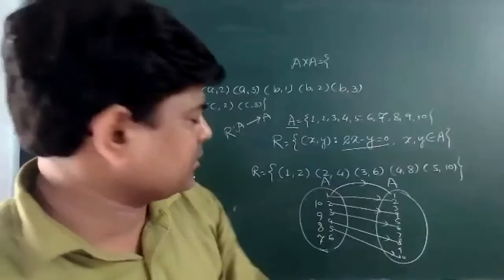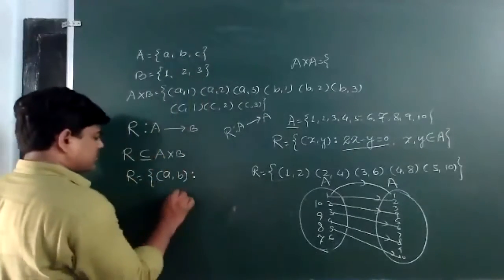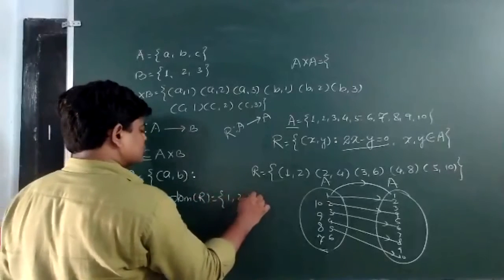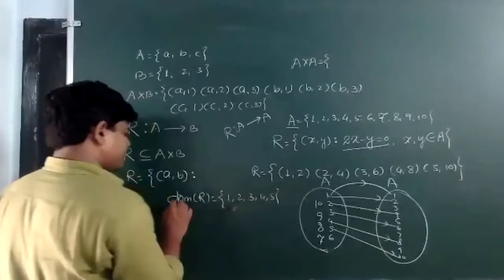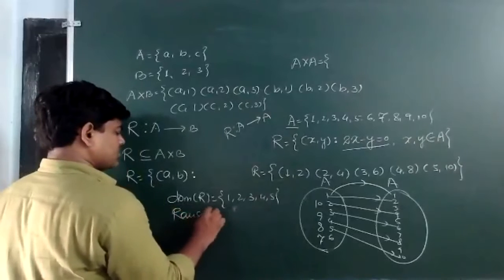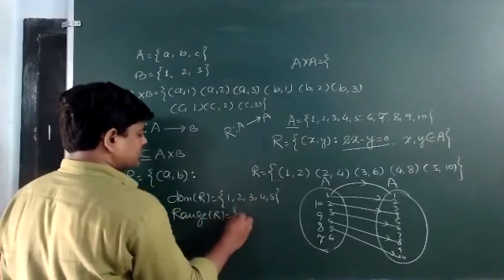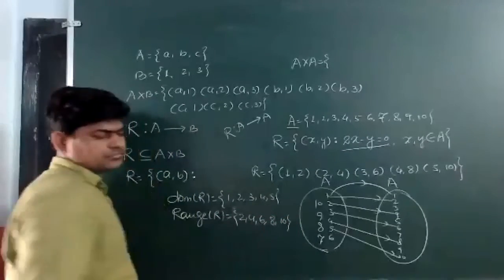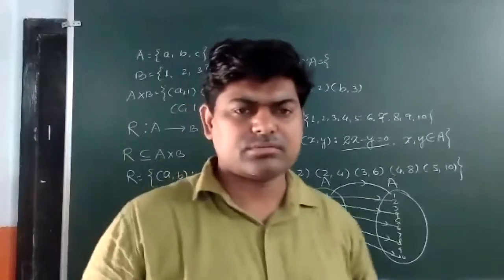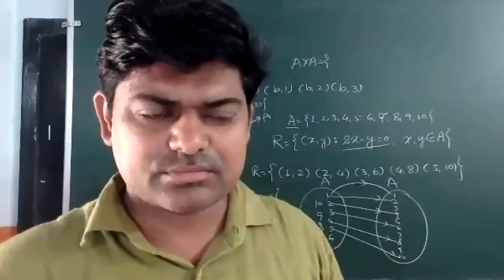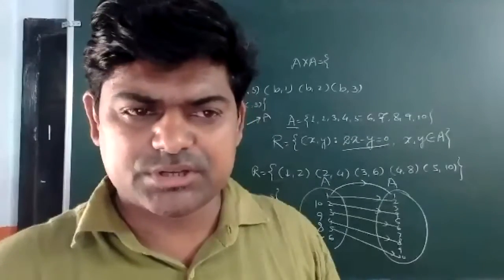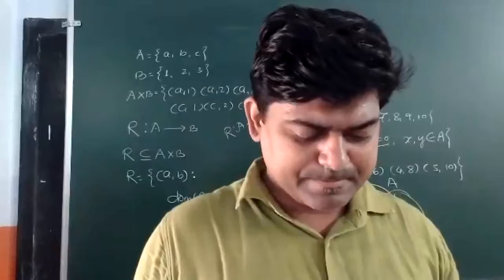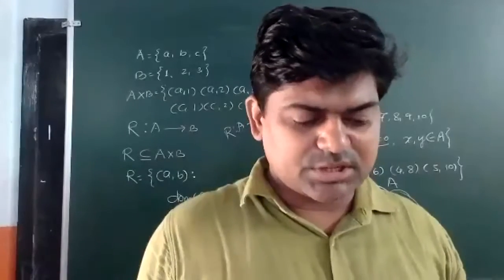If you want to write here, domain of R is 1, 2, 3, 4, 5. Range of R is 2, 4, 6, 8, and 10. It's okay. Any problem? I think these are the few points we have to discuss in a relation.